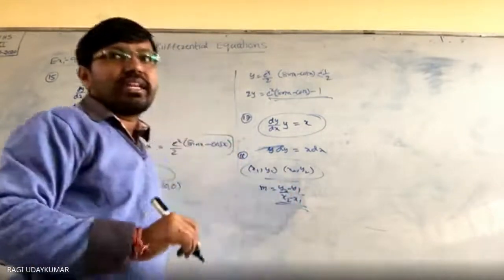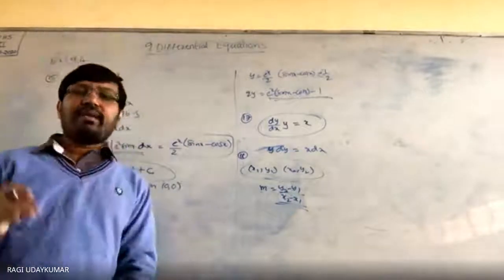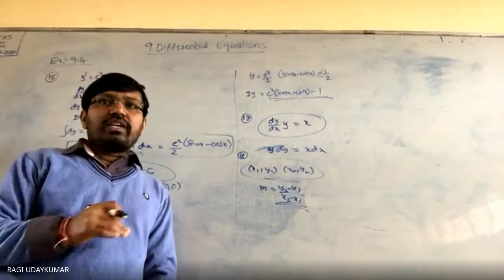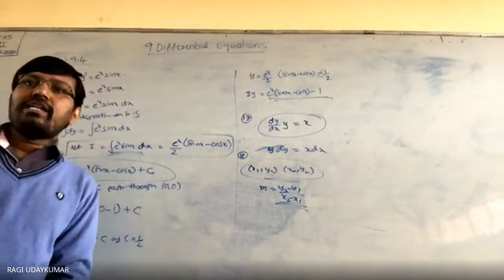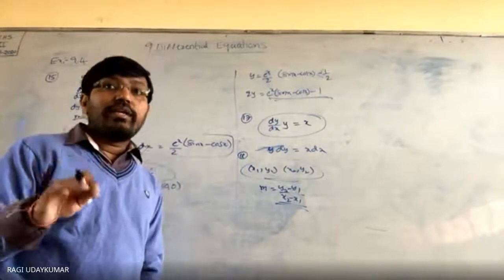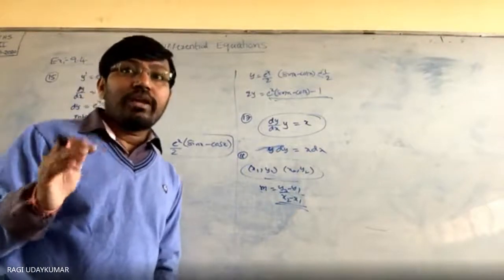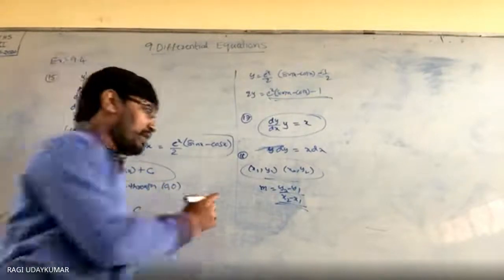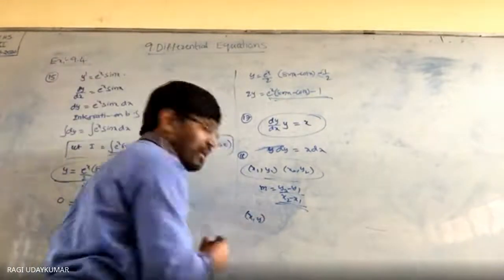Here the points are (minus 4, minus 3) and the point of contact, and the slope of the tangent is twice the slope of the line segment joining the point of contact to this point. So the point of contact is considered as (x, y).